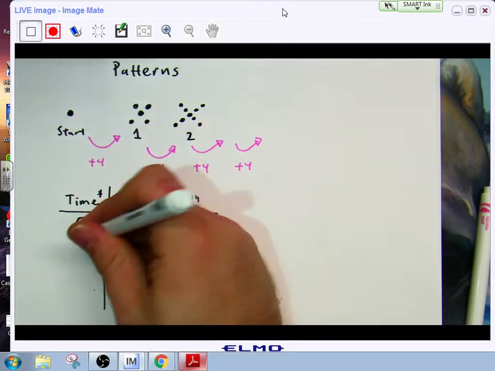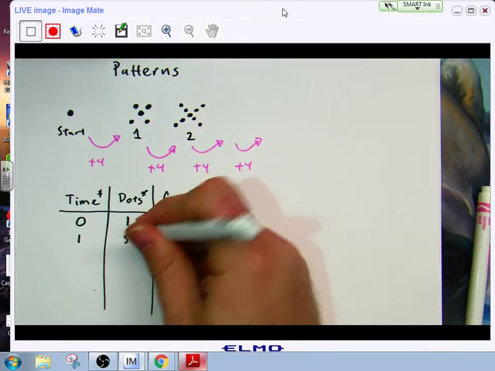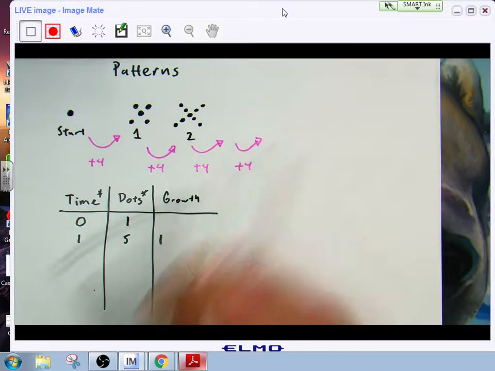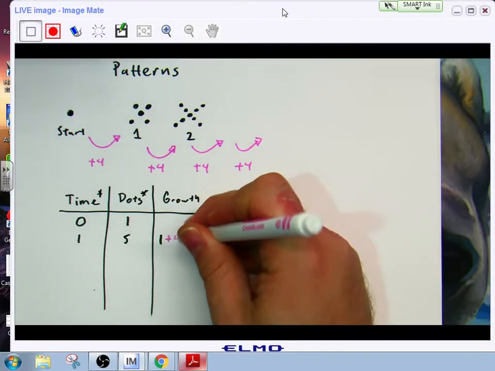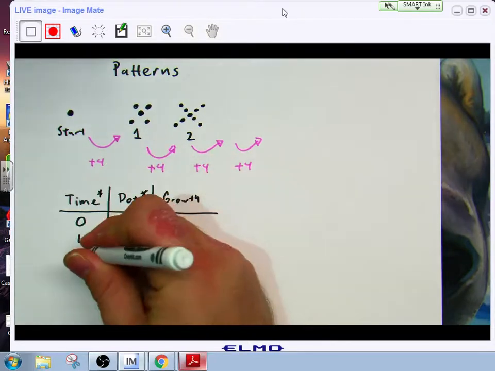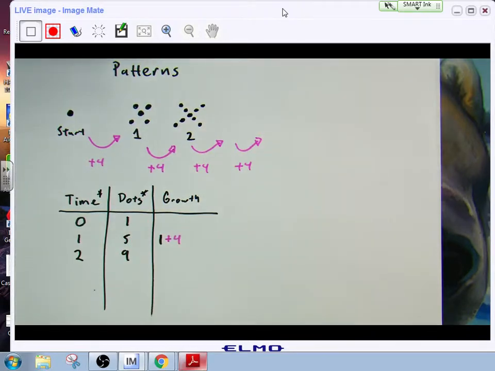At time 1, we had 1, 2, 3, 4, 5 dots. And how did we get there? Well, we had our 1, and we added 4. At time 2, we had 9 dots. And how did we get there?